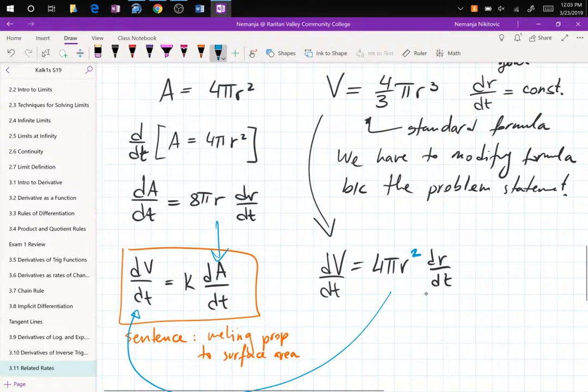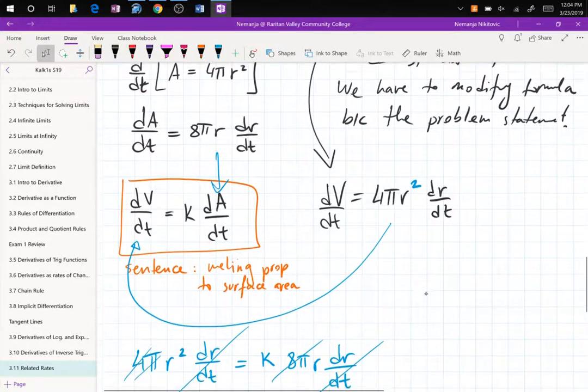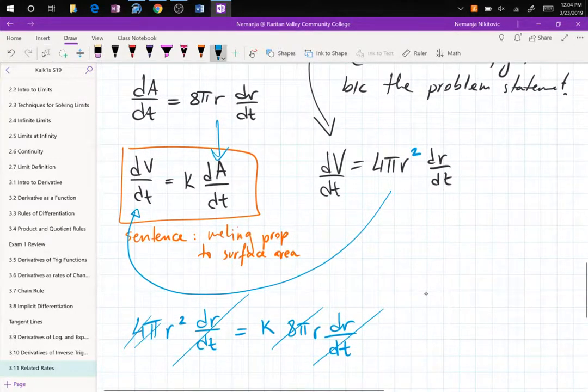That means that dV dt is equal to the constant of proportionality times dA dt. Then we plug in dV dt, which is 4 pi r squared dr dt equals K times 8 pi r dr dt.